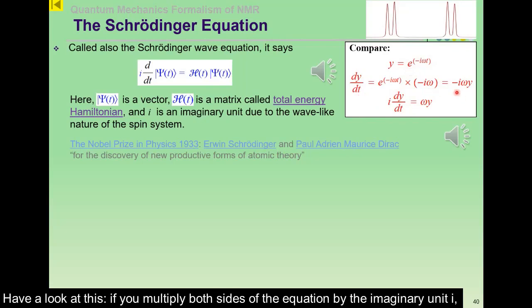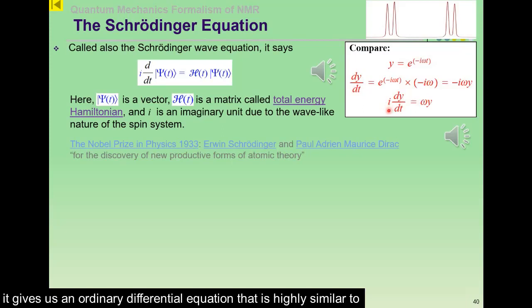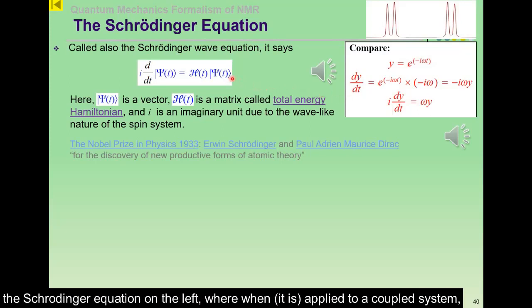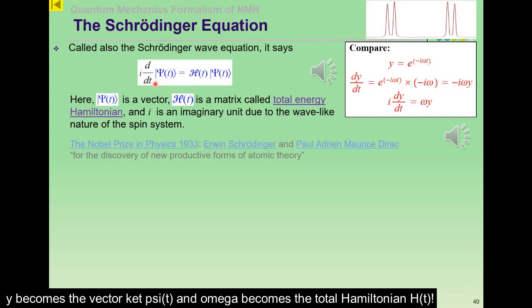Have a look at this. If we multiply both sides of the equation by the imaginary unit i, it gives us an ordinary differential equation that is highly similar to the Schrödinger equation on the left, where when applied to a coupled system, y becomes the vector ket psi t, and omega becomes the total Hamiltonian H t.